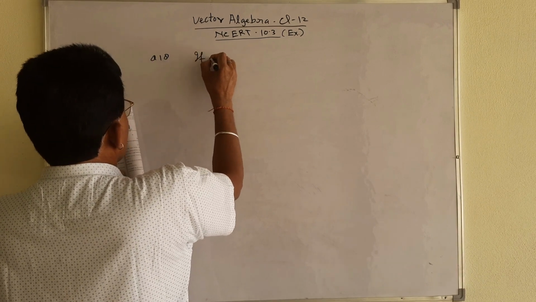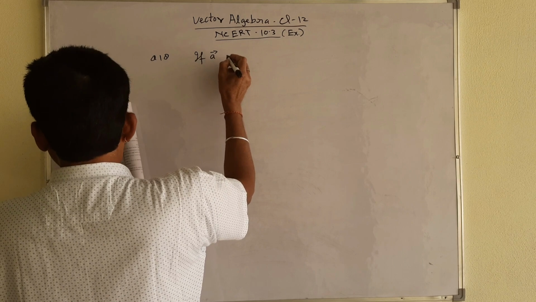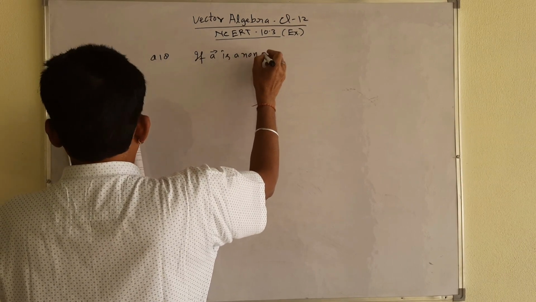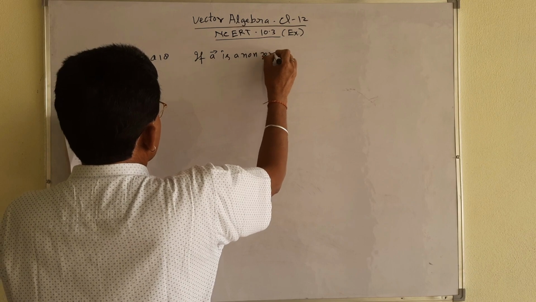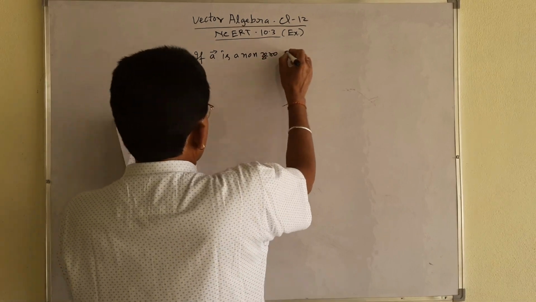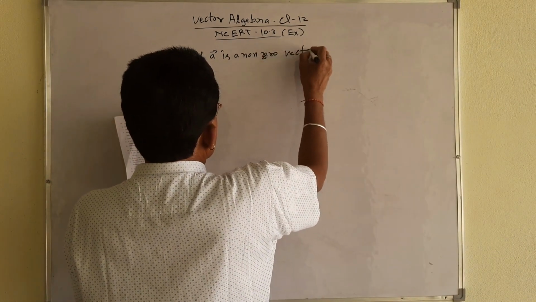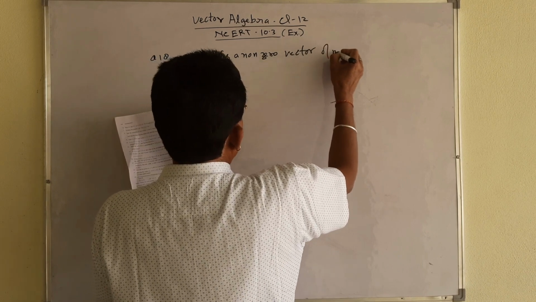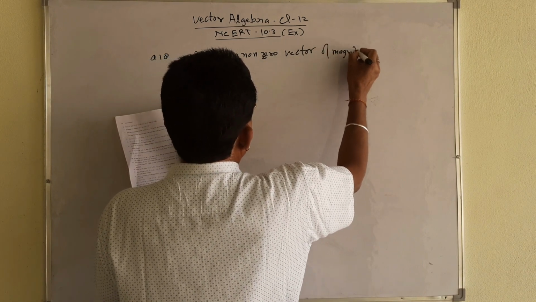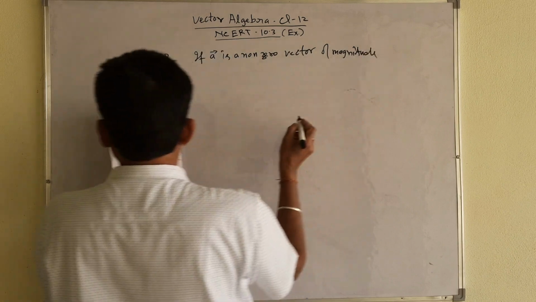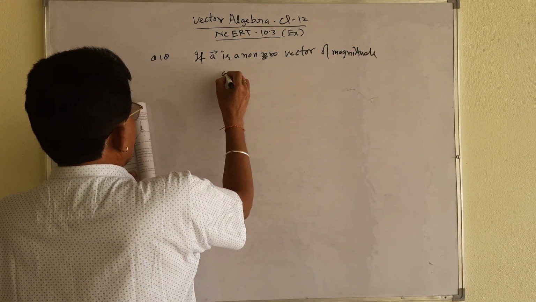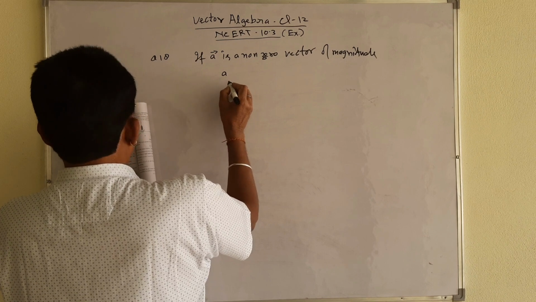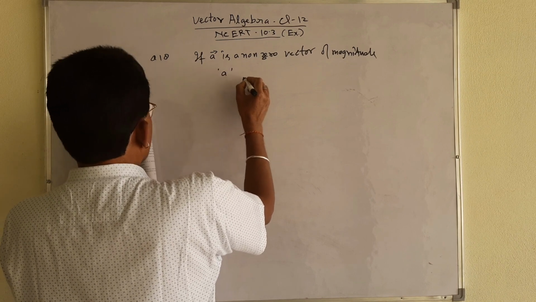If vector A is a non-zero vector, its magnitude is A. You see, it is given.